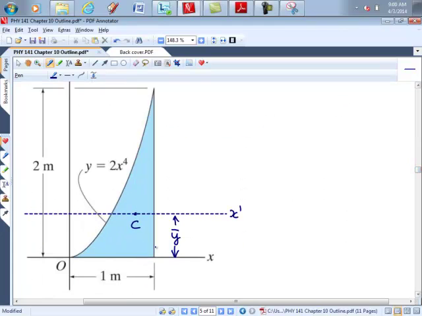So in other words, we're going to have to find y bar. Once we found y bar, we can either take the moment of inertia about our new x prime axis, or we can use the moment of inertia we've already calculated about the x-axis and apply the parallel axis theorem. Which one's going to be easier?